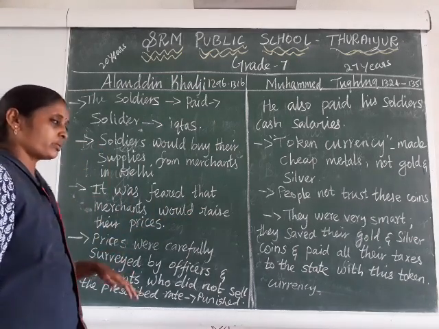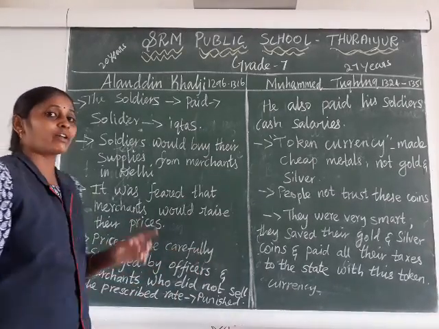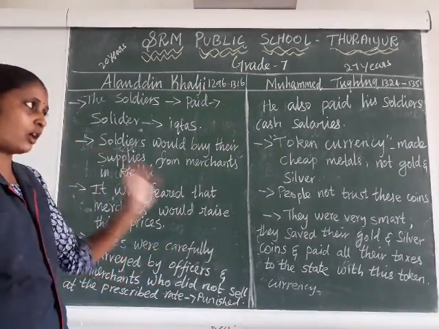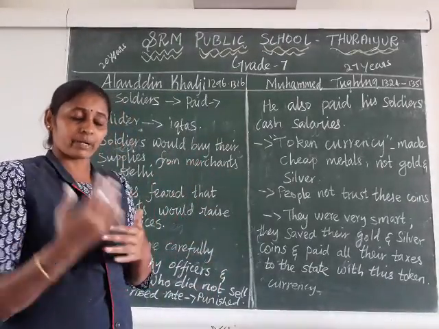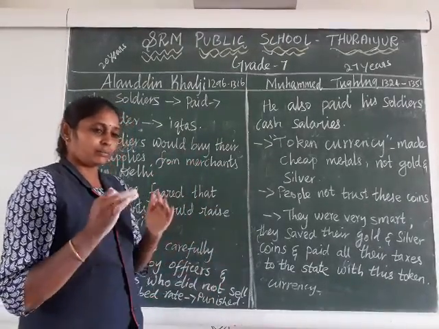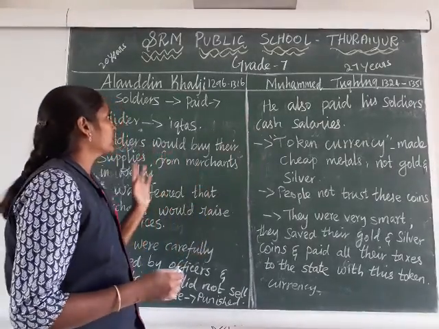Merchants who did not sell at that rate were punished by the soldiers or the government. So that's why the prices of basic things did not increase during Alauddin Khilji's period.